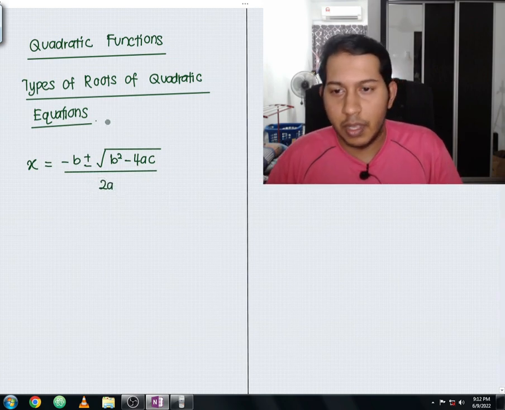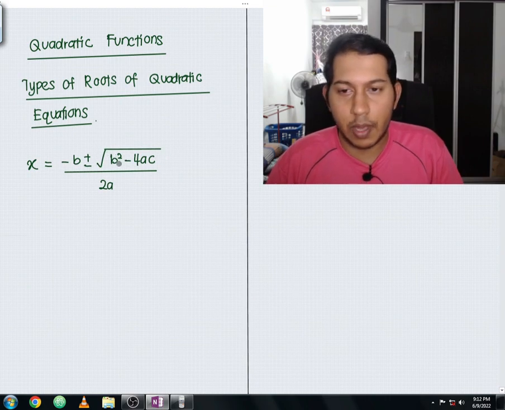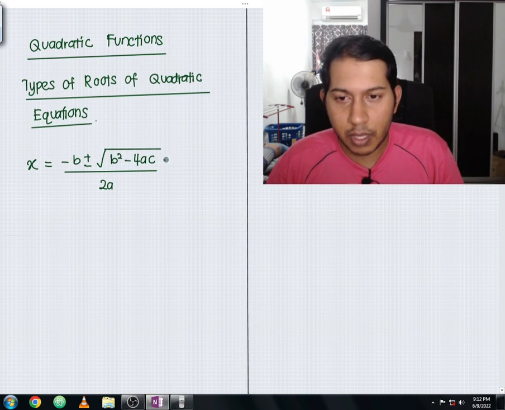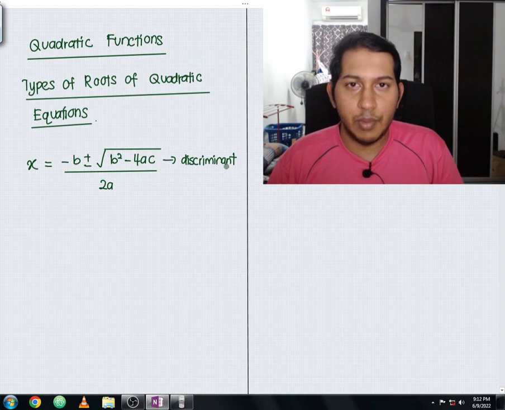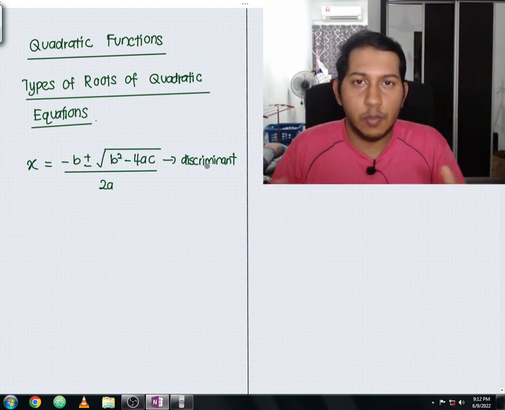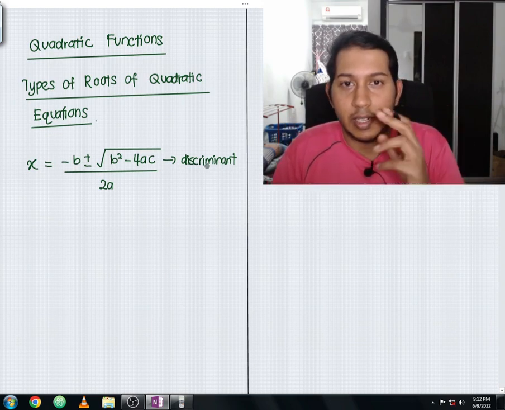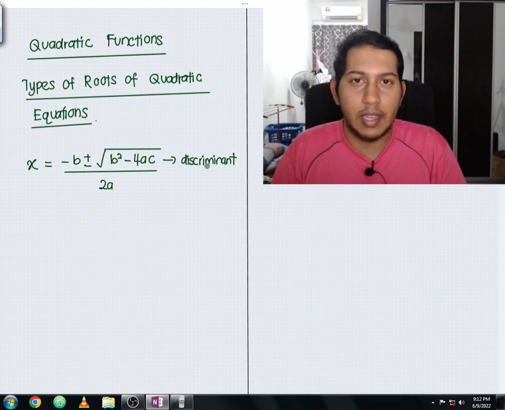If you take a look inside the square root, you have b squared minus 4ac. This b squared minus 4ac is known as the discriminant. This discriminant is going to be useful for us in order to identify the types of roots of quadratic equations.